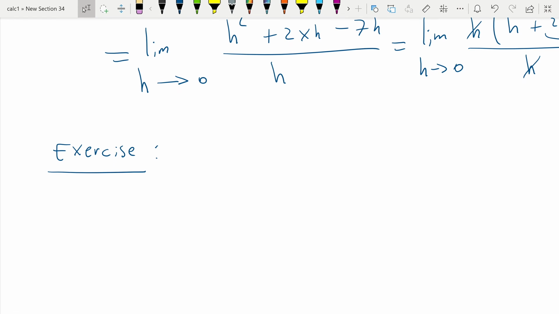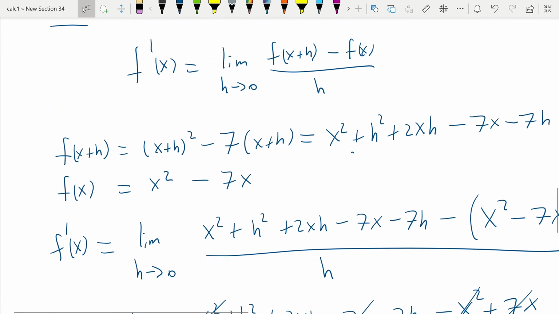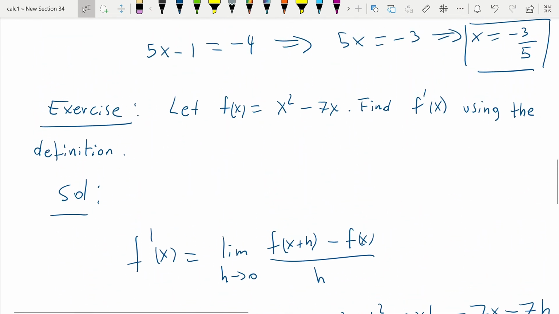Some people attempted to find the derivative of a certain function by definition in the last quiz. You don't need to do that anymore, only in the problems where we ask you to find the derivative by definition.